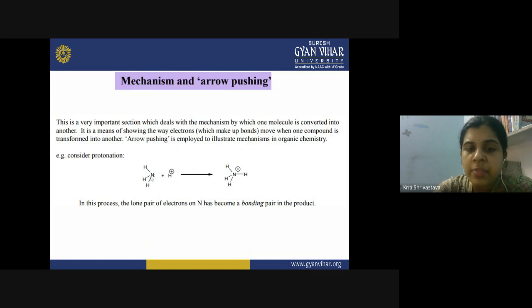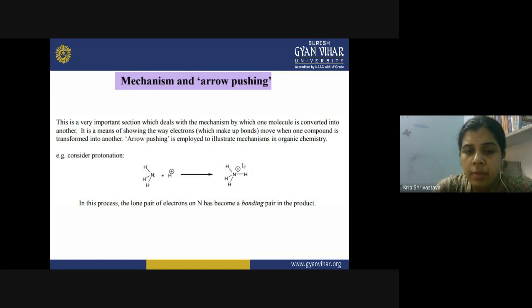The nitrogen atom contains a lone pair of electrons, and when you apply the proton, H plus, it attacks the nitrogen and forms a bond, and the positive charge is transferred to the nitrogen atom. What do you get after the protonation? This is the ammonium ion, right? From the ammonia molecule, we get the ammonium ion.